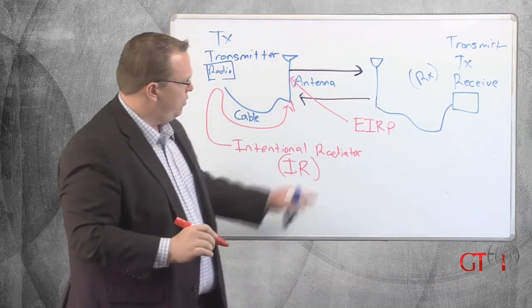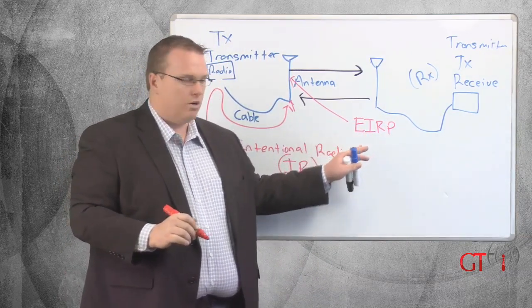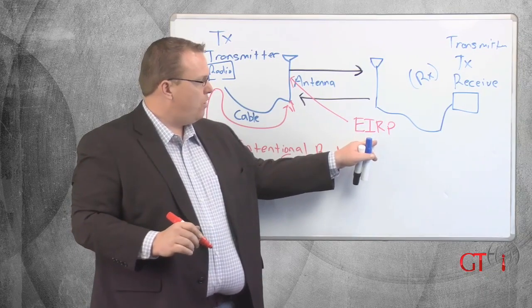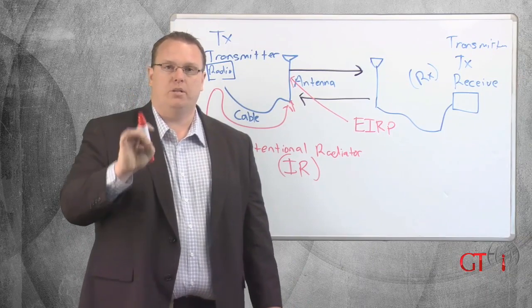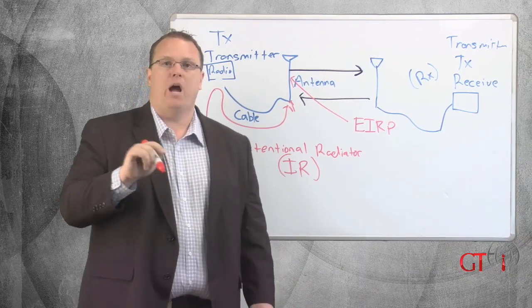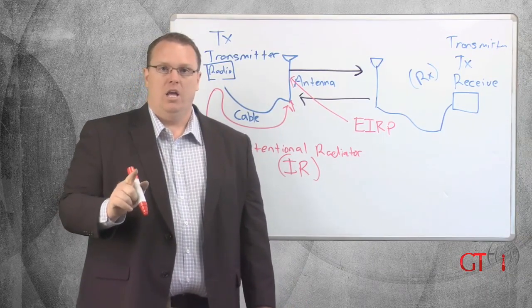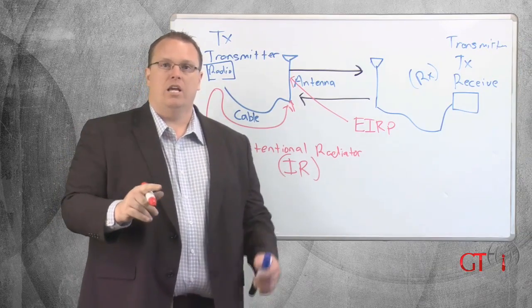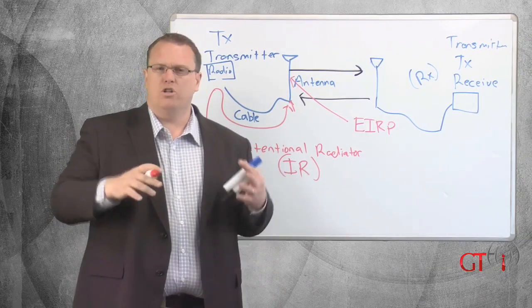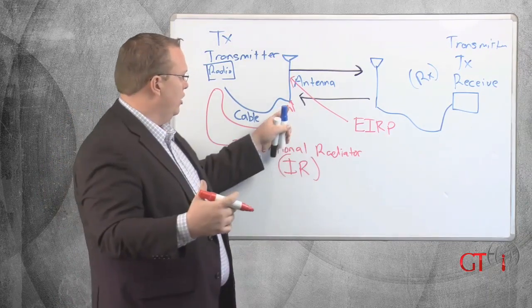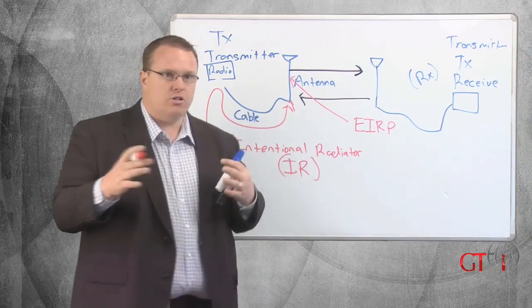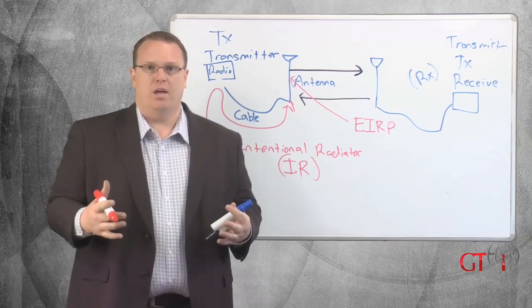I'm not going to write it because I'll probably misspell 3 or 4 of these words. Equivalent isotropically radiated power. How much power is coming out of that antenna? Remember, the job of an antenna is to focus power or to distribute the power out into the air. A little cable doesn't do that. Not really. It's not designed to do that.